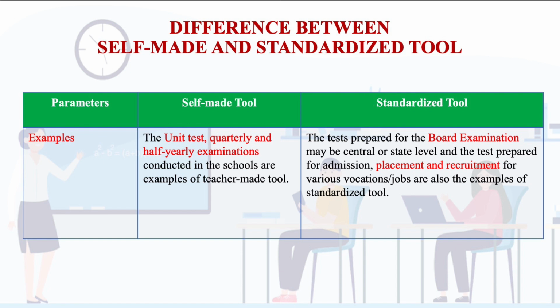But so far as a standardized tool is concerned, the tool prepared for the board examination, whether central or state level, and the test prepared for placement and recruitment for various vocations or jobs are also examples of standardized tools. So here two examples are there: one is preparing the board examination question paper, and the other is preparing a test for placement and recruitment purposes. So these are used in different fields and different aspects, so far as self-made and standardized tools are concerned.